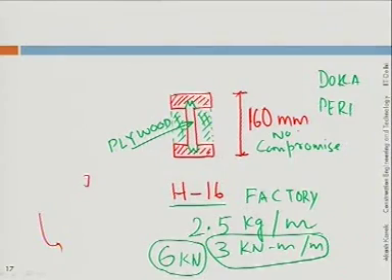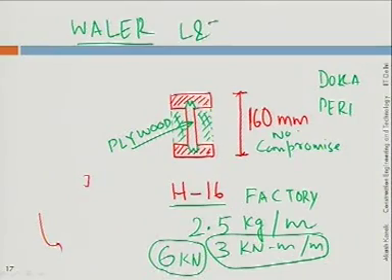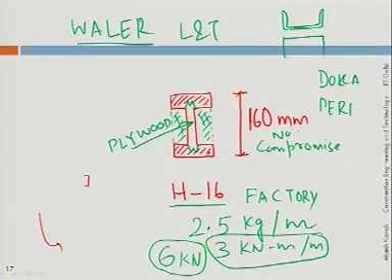Another component I showed you was whaler. Now whaler used by L&T is something like this. You have one channel like this, another channel like this, and there is a gap in between.